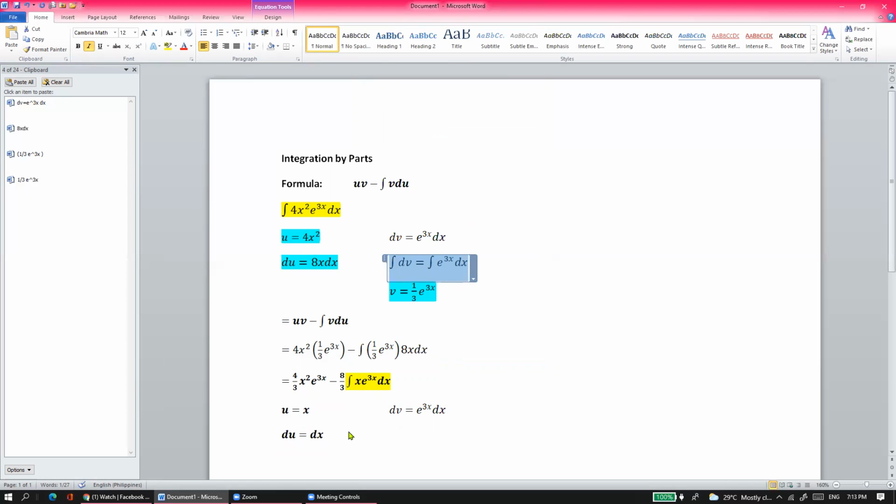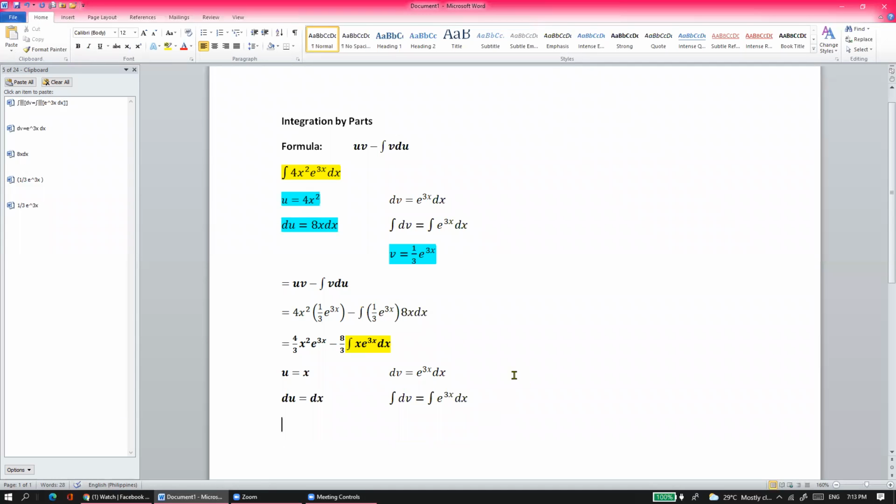Since na-calculate na natin kanina, parang replay na lang yung sa portion ng integration process dito. So, copy-paste ko lang siya. And then, coming up next is yung kanyang integral value. At ito din yun. Di naman mababago yan.